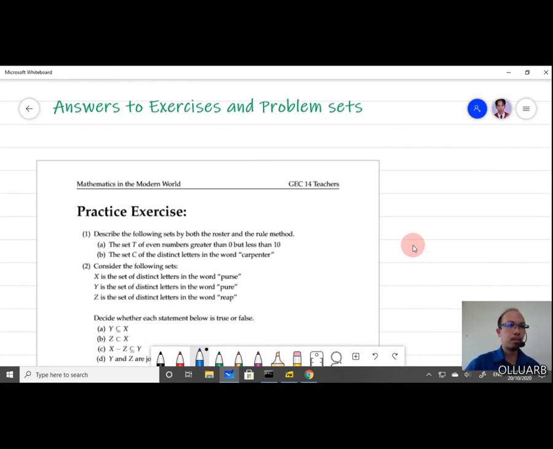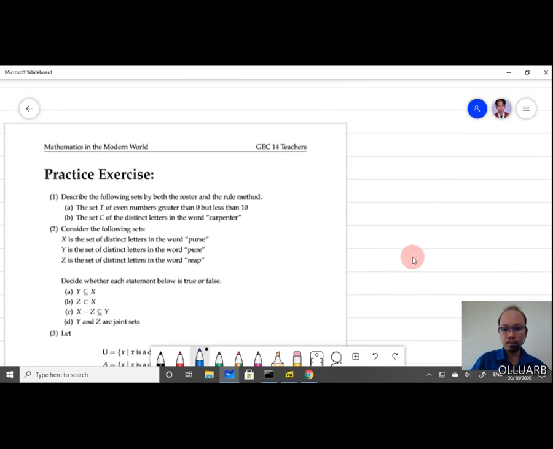For number 1, describe the following sets by both roster and rule method.